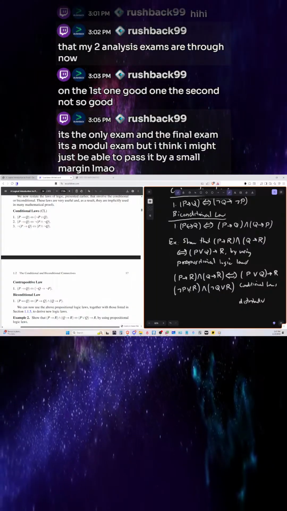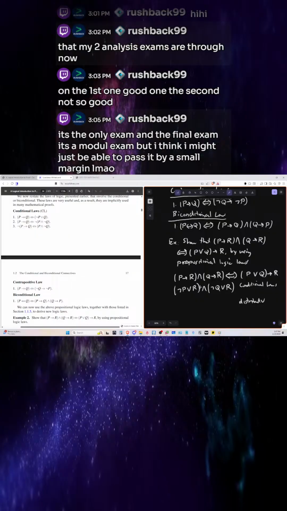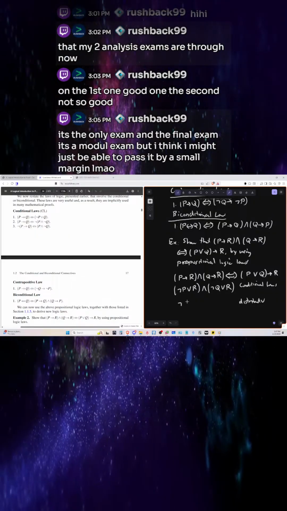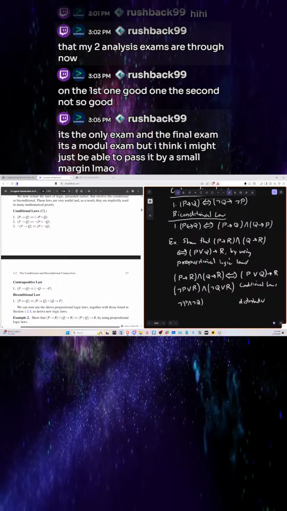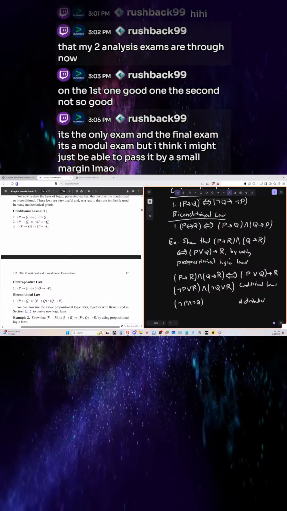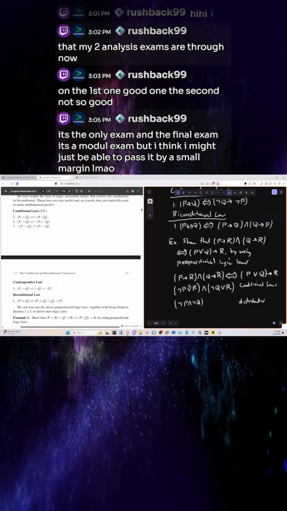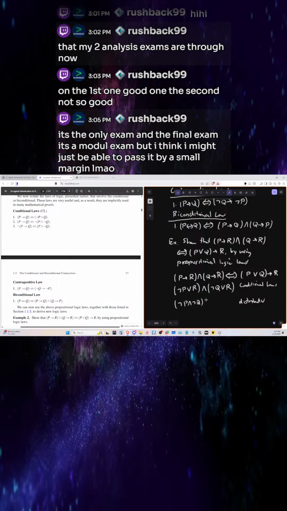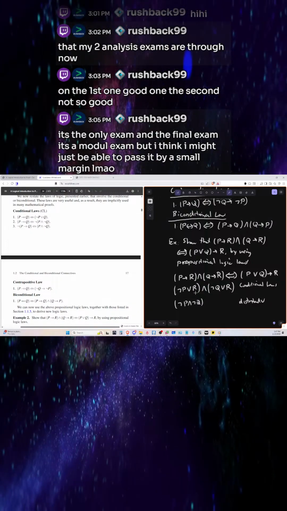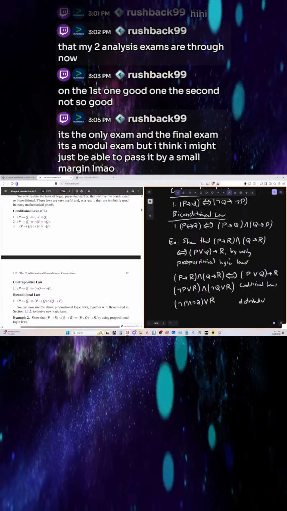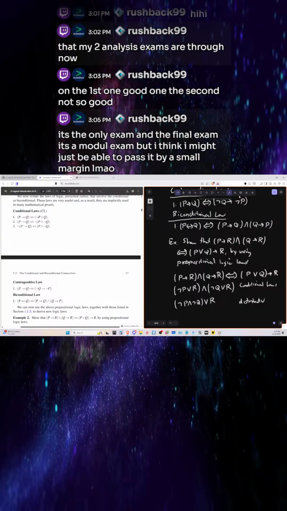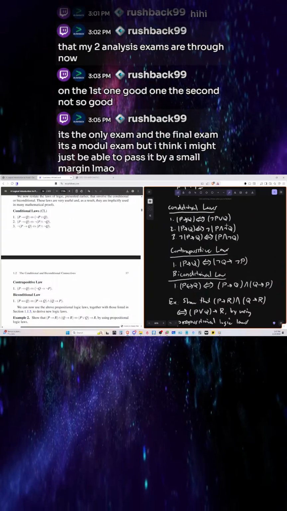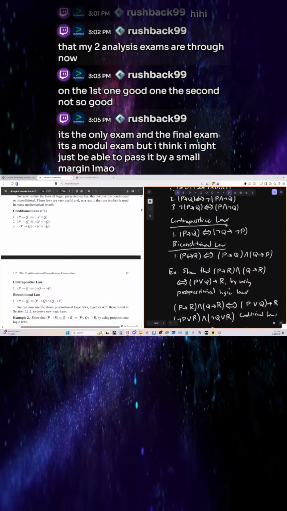So I'm trying to figure out how we do this, because I think it would be P and not Q, and it would be or R. Okay, so that would be the distributive law. I think.